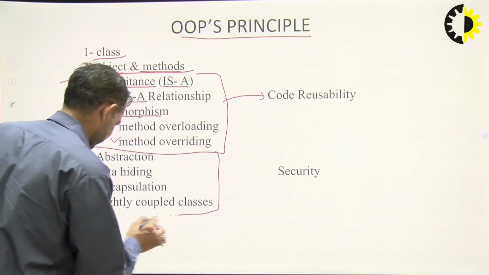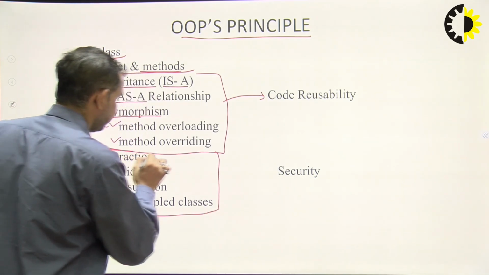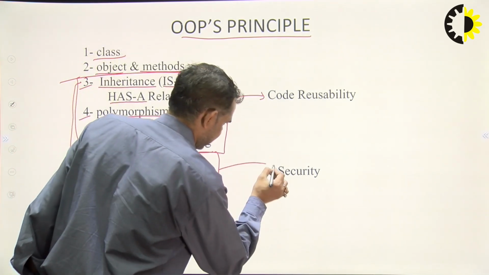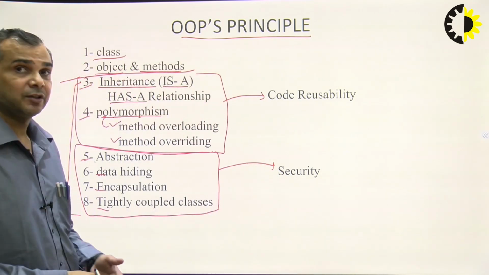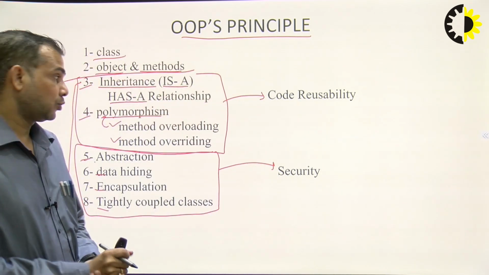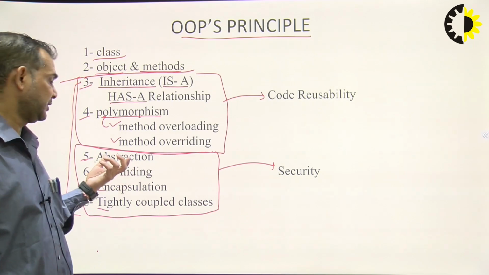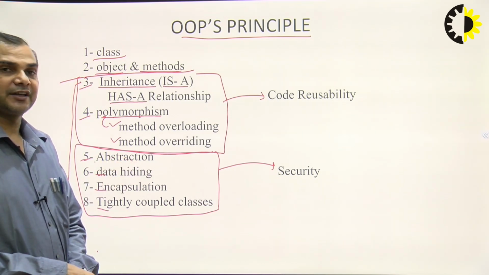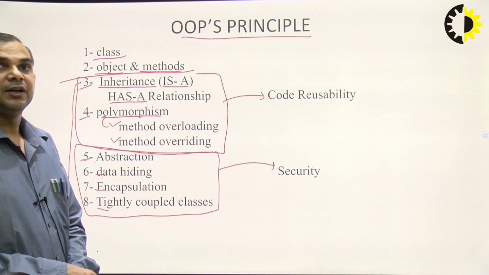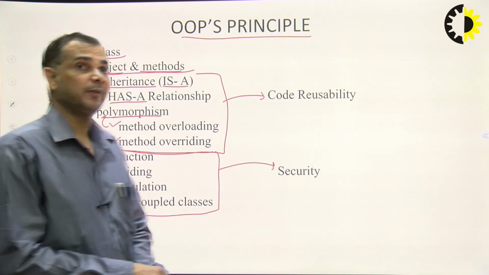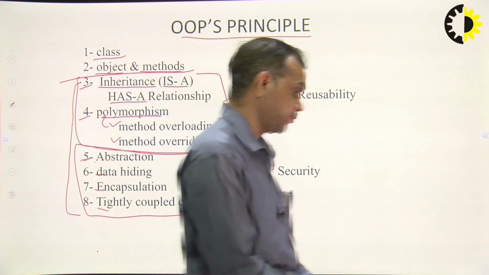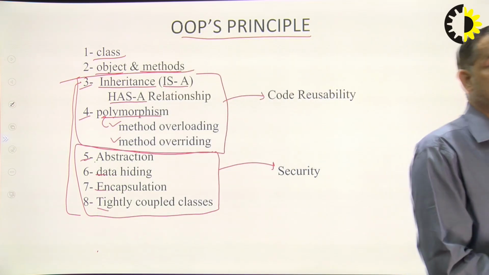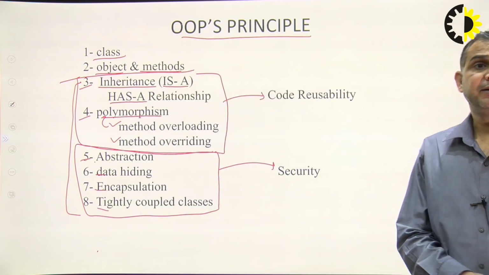These 4 represent the security, means if we want to secure the code, we use either abstraction properties or we can use data hiding or encapsulation or tightly coupled classes. So in the OOPS principle, when we have to write the code, our main focus is code reusability and security.